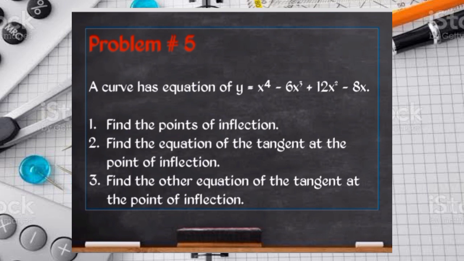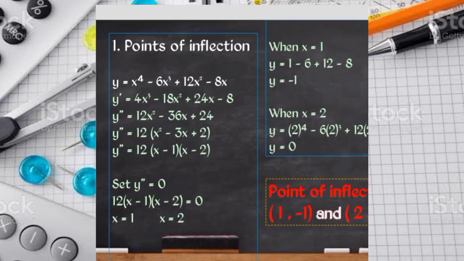Second, find the equation of the tangent at the point of inflection. Third, find the other equation of the tangent at the point of inflection. The very first thing, we're going to find the points of inflection.